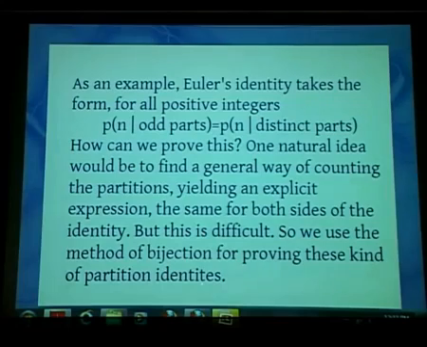As an example, Euler's identity which we mentioned earlier takes the form that the number of partitions having odd parts is equal to the number of partitions having distinct parts.